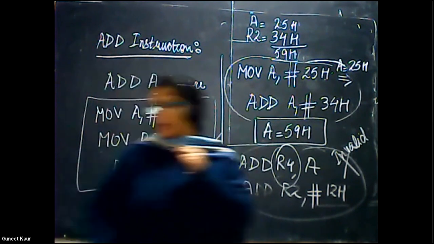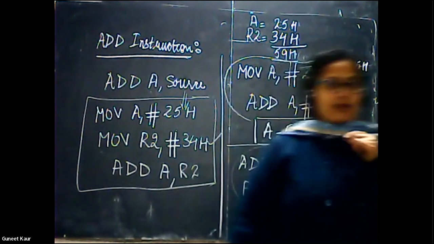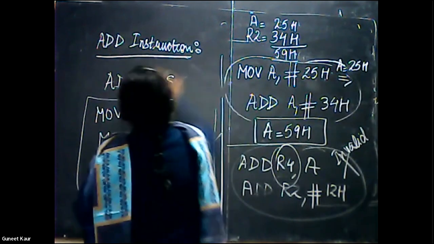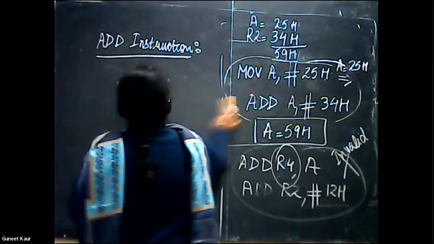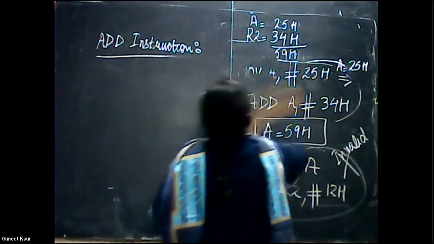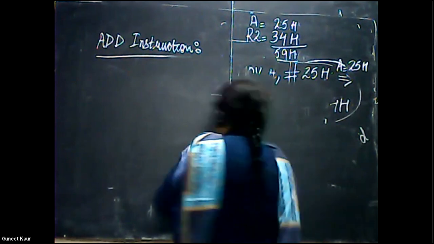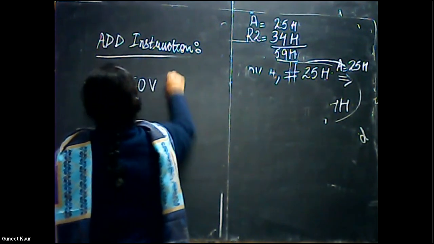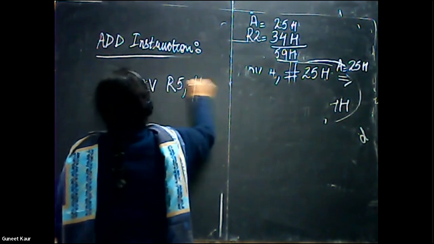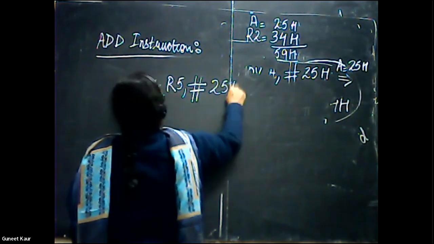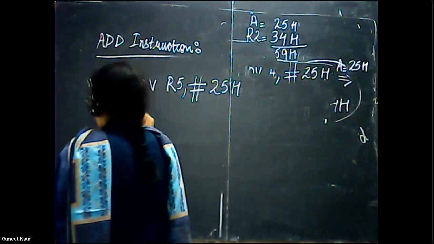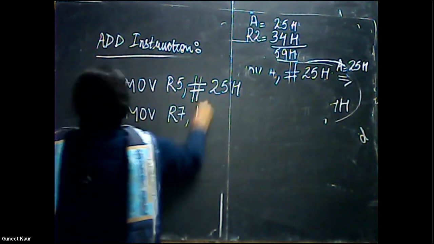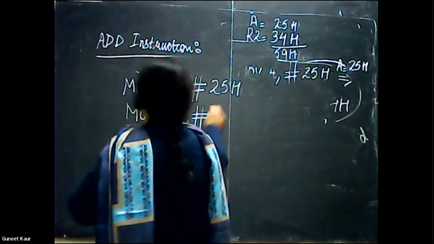Now some of the other instructions I am writing for the add. Let us suppose: MOV R5, #25H; MOV R7, #34H.